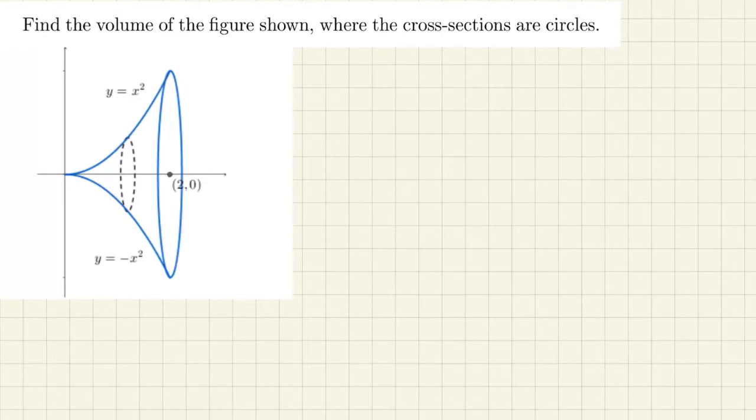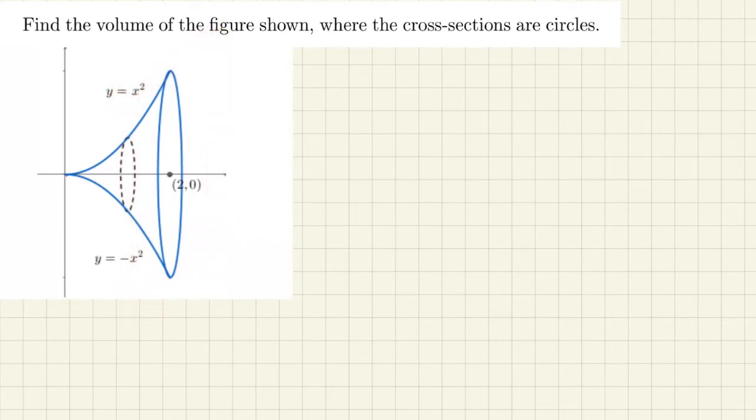So we now answer this problem. Find the volume of the figure shown where the cross sections are circles, using volume by slicing. Okay, so first, observe that this solid is bounded on the left by the plane x equal to 0 and on the right by the plane x equal to 2.